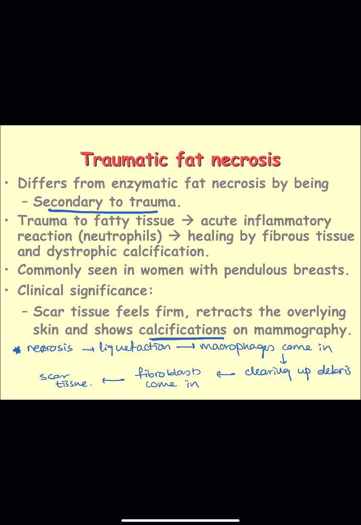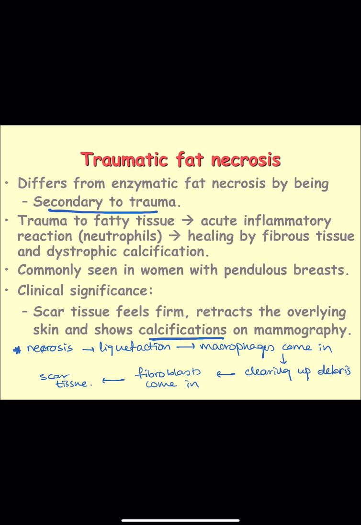Usually that's going to happen many years down the road, after the person has forgotten that they went through a traumatic experience on the chest wall, for example. So it becomes hard to make the link between calcification and the trauma that happened in the first place.